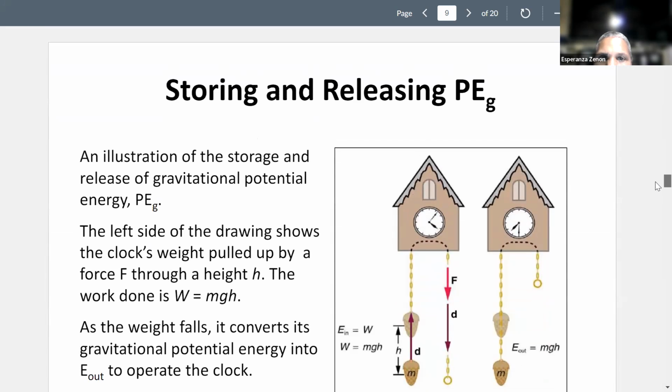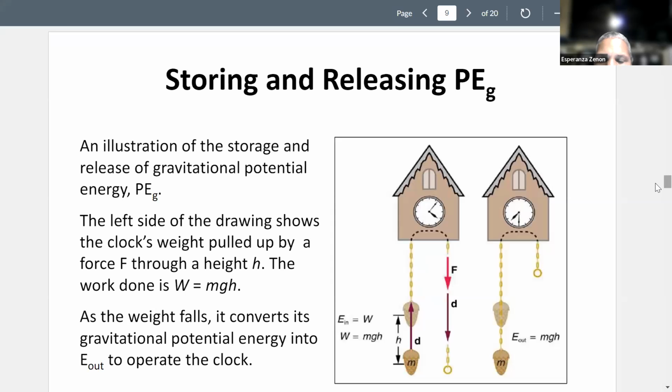So as an object rises and falls, we can store up and release potential energy. As you lift an object to a certain height, it stores up gravitational potential energy. And when you release it and it falls, it releases that potential energy.